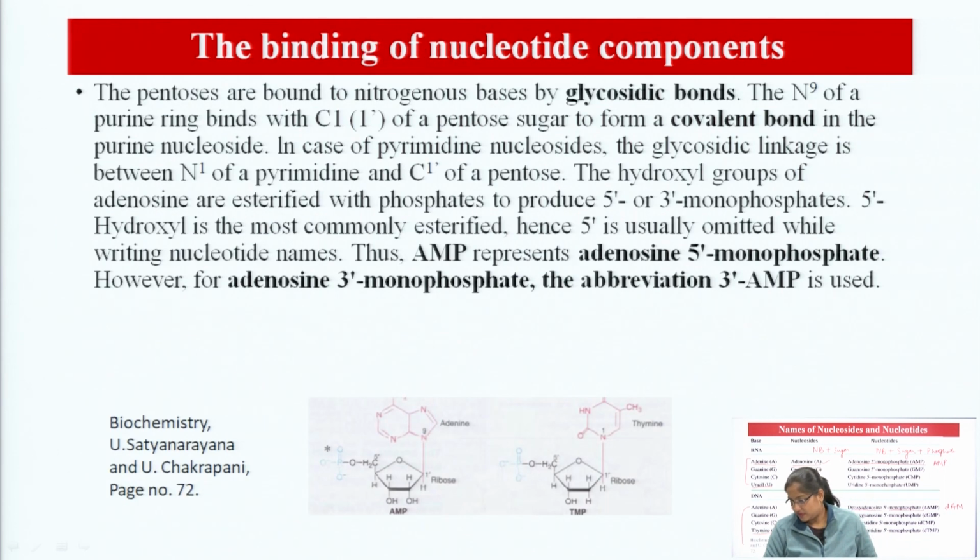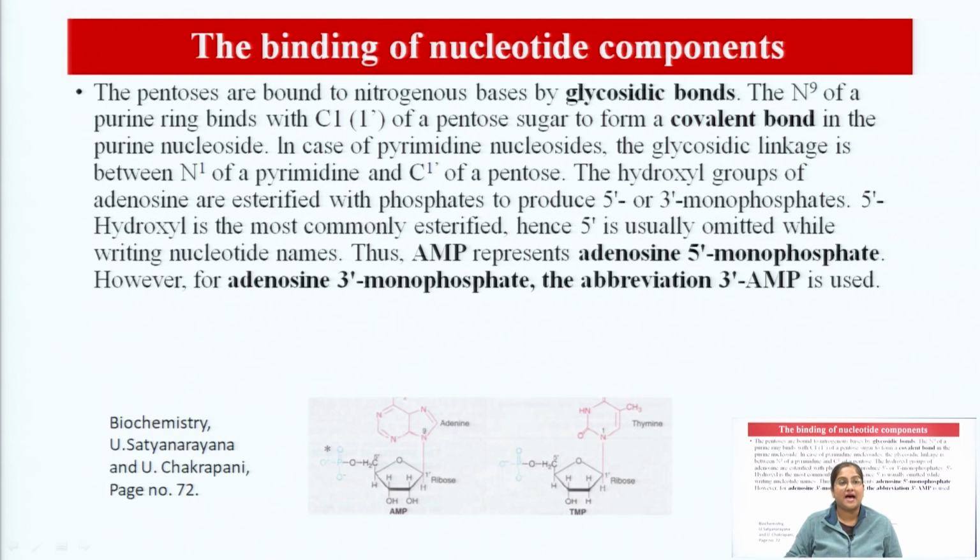Okay. Next, how are these bound together, that means how the sugar moiety, phosphate group and nitrogenous bases bind with each other? The bonds they use: first of all, the pentose sugar is bonded with nitrogenous bases by a glycosidic bond.